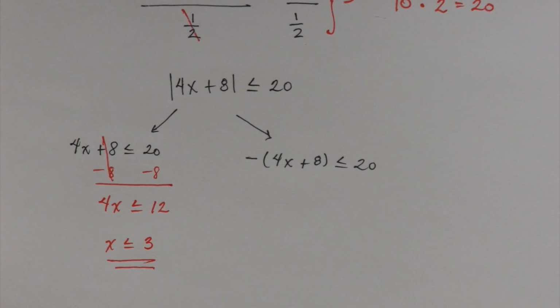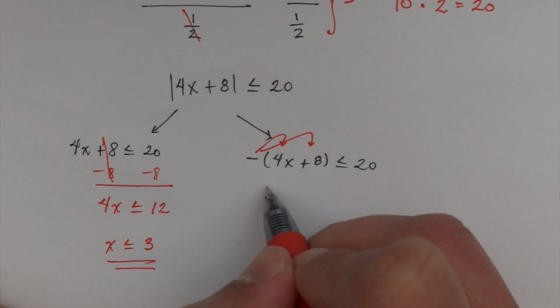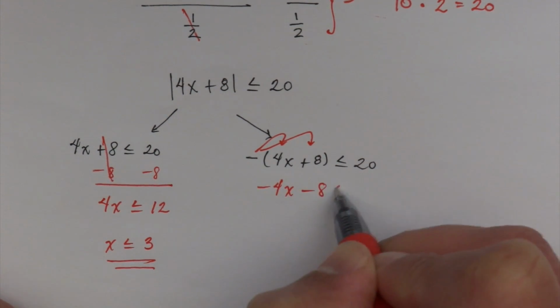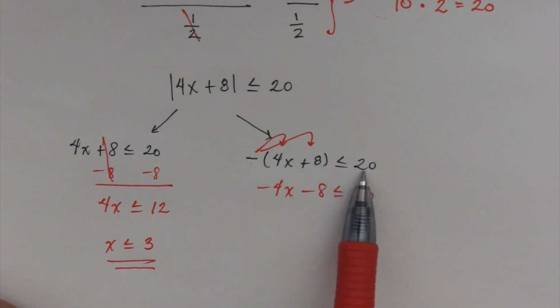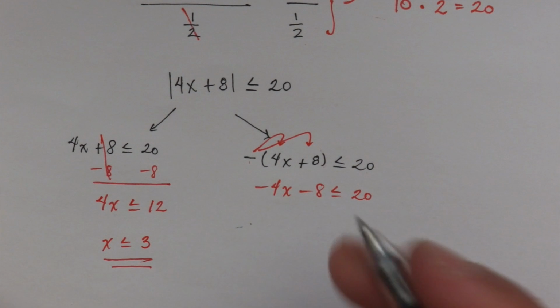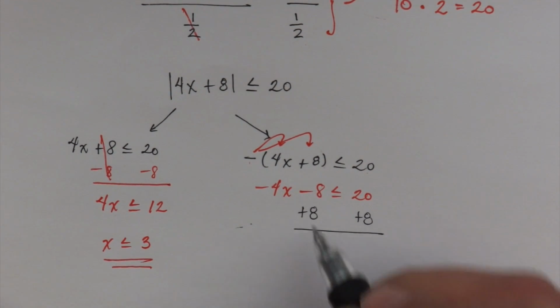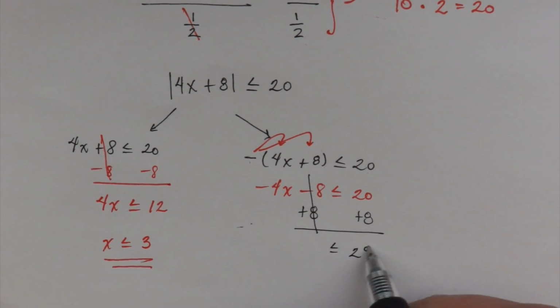Alright, now we go over on this side, much the same, but I have to distribute that negative. So that becomes negative 4x minus 8 is less than or equal to 20. Notice that I don't distribute the negative all the way to the 20. It just ends right here in the parentheses. Sounds pretty simple, but believe me, students make that mistake. That simplifies. 20 plus 8 is 28.